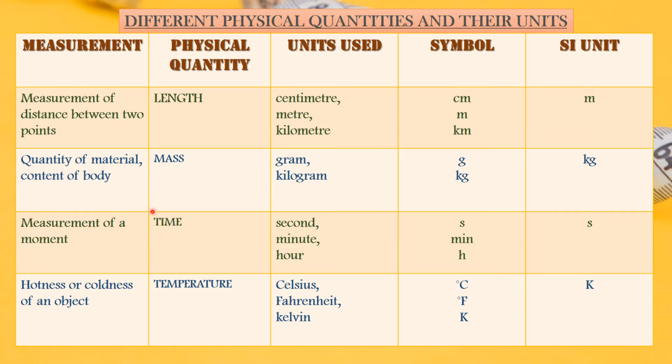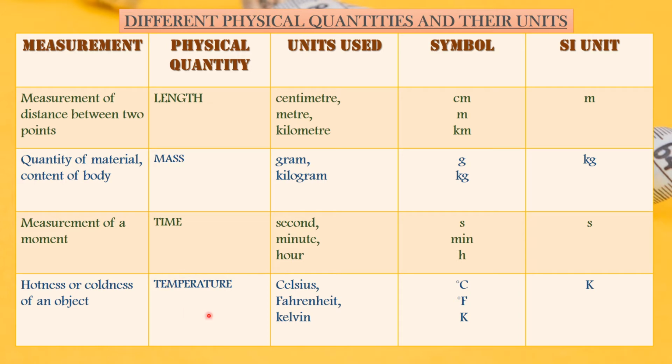Now time. Time is the measurement of a moment. Its units are second, minute and hour. Second is written as small s, minute is written as min in small letter, hour is written in small letter h, and its SI unit is second.